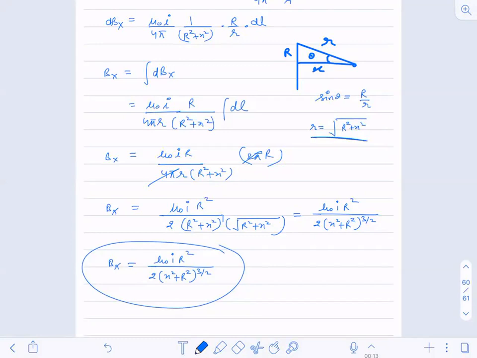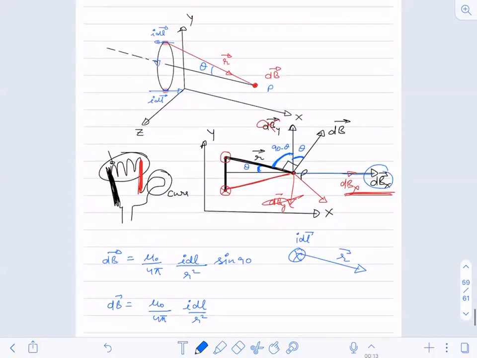Though it will not be asked so many times and is not very critical, still if you can visualize and understand it, you will have a feeling that yes, this is the direction of the magnetic field. So remember the right hand palm rule.